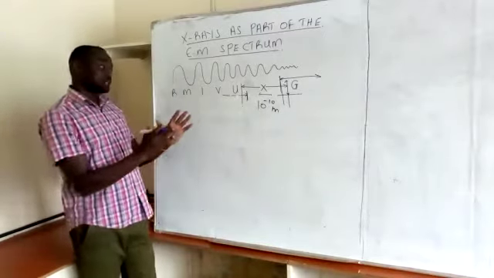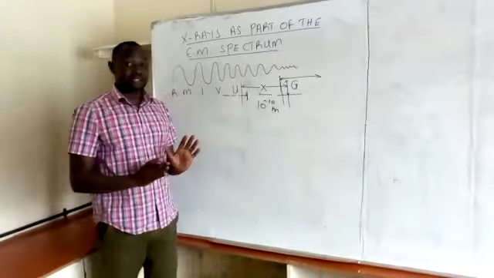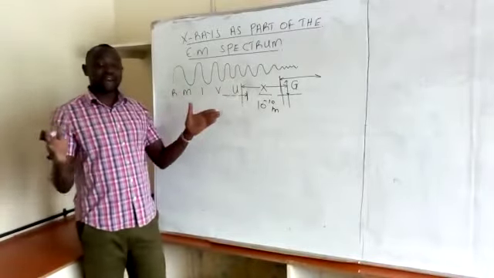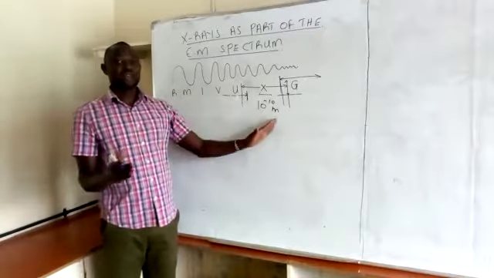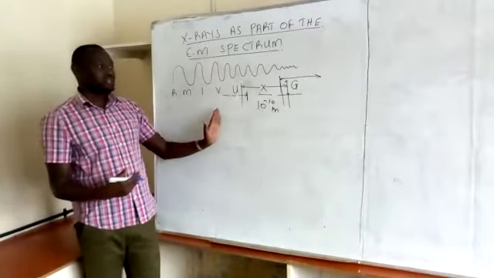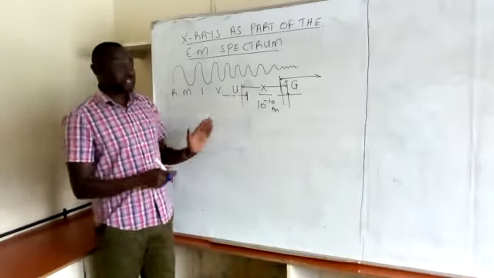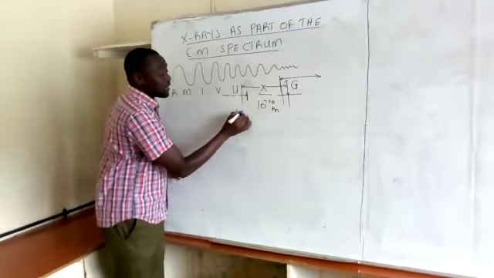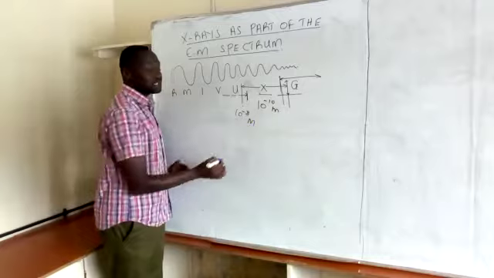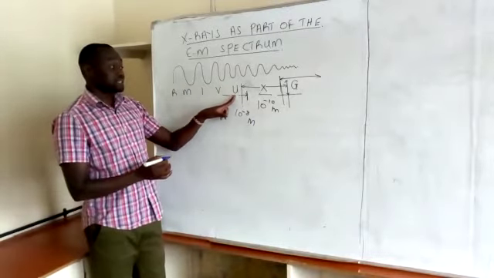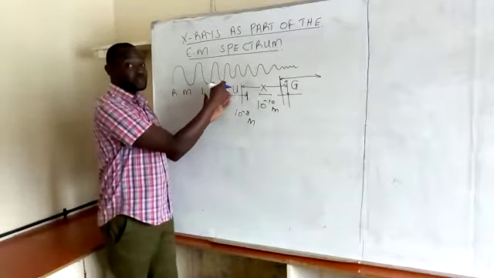But remember, all these rays of the EM spectrum exist within a range of wavelengths and definitely within a range of frequencies. X-rays range from 10 to power negative 8 meters on the side where it borders the ultraviolet. And remember also they do overlap.